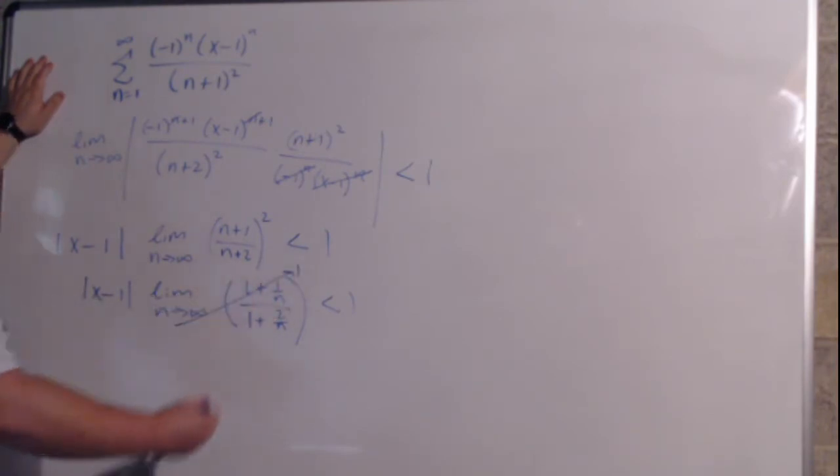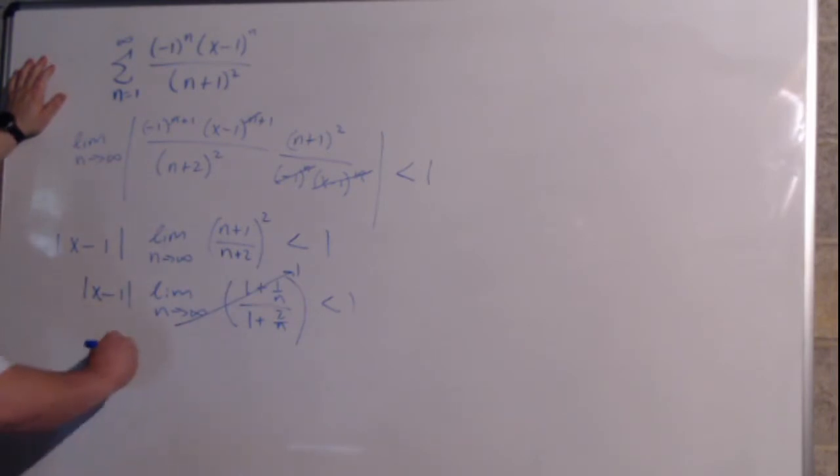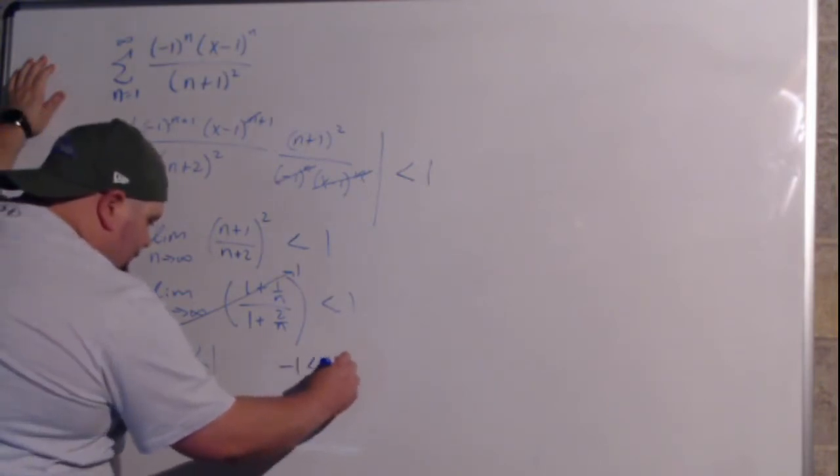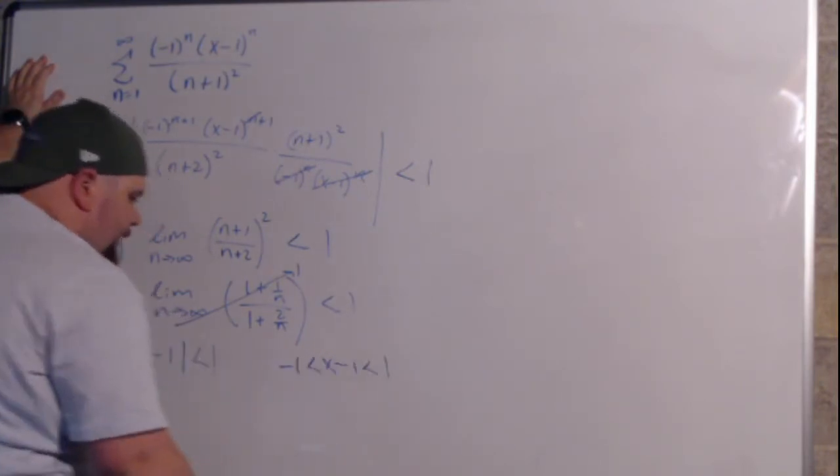So this whole thing just becomes 1, and now I've got the absolute value of x minus 1 less than 1. That's going to give me my interval. If I have the absolute value less than 1, then negative 1 is less than the inside, and that's less than 1.